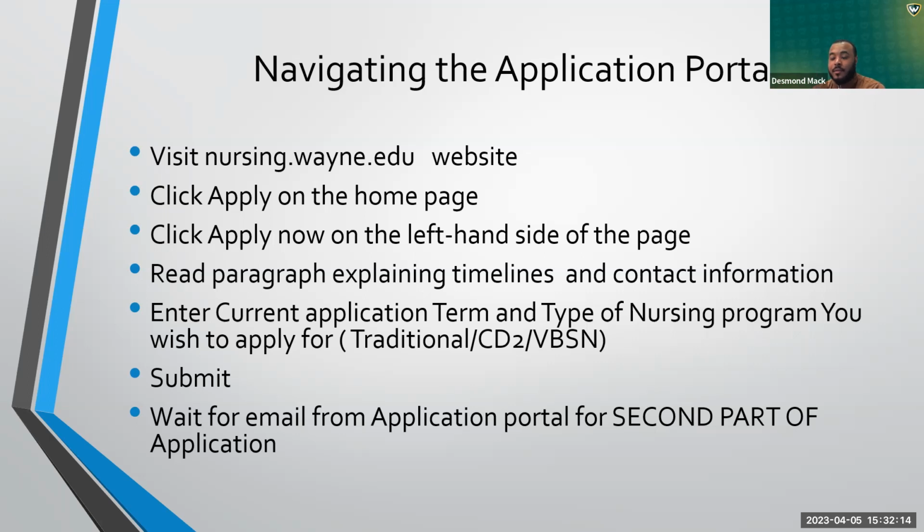And here's where you'll be able to upload things, see your progress. This is the portal that we were talking about earlier. In order to get to it, though, you have to follow these steps and submit the first half, right? And whatever email you use, which is hopefully your Wayne State one, is where you'll get the email for the second part of the application. And then we will go from there on what you do next.